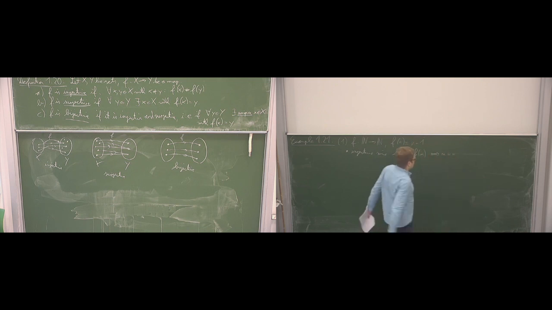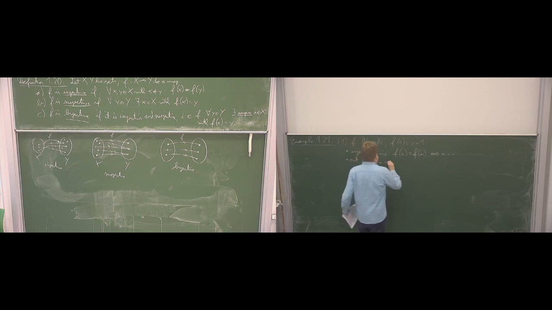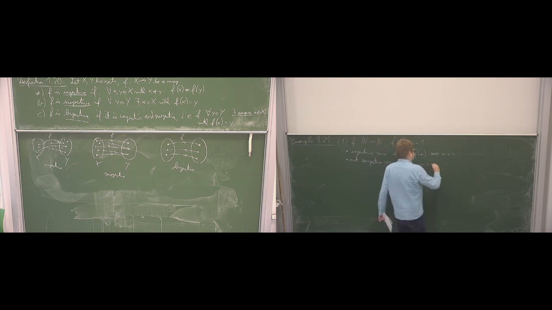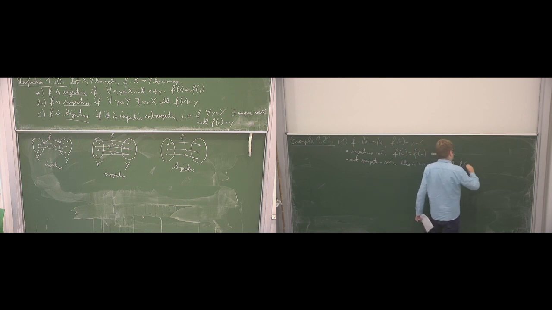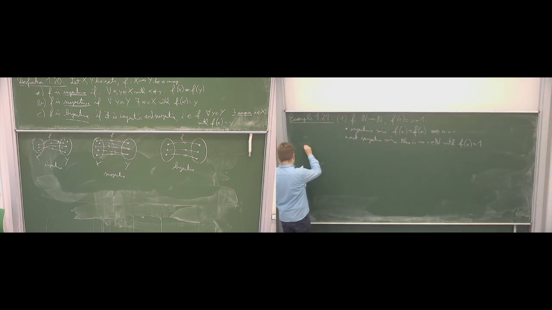So no two different elements are mapped onto the same thing, but it's not surjective. Since we always add 1, there is no n in N that is mapped onto 1. So some element is not met, so it's not surjective.